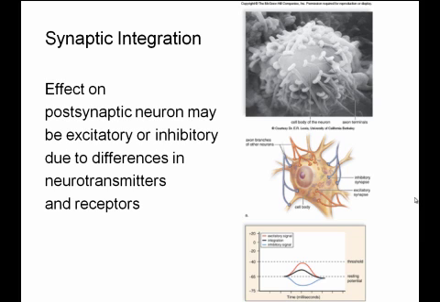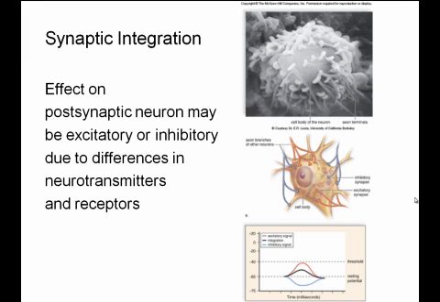Some of these that are communicating with this cell may be releasing neurotransmitters that open sodium channels. That would be excitatory. If we allow sodium to come into that postsynaptic cell, that's going to push it closer to threshold, closer to initiating its own action potential. But some of these neurotransmitters are inhibitory.